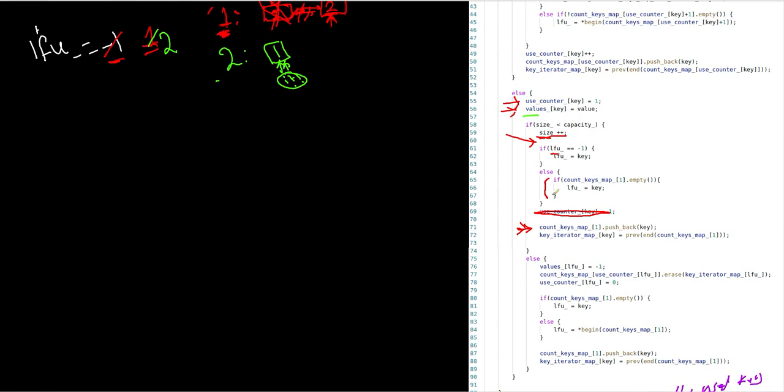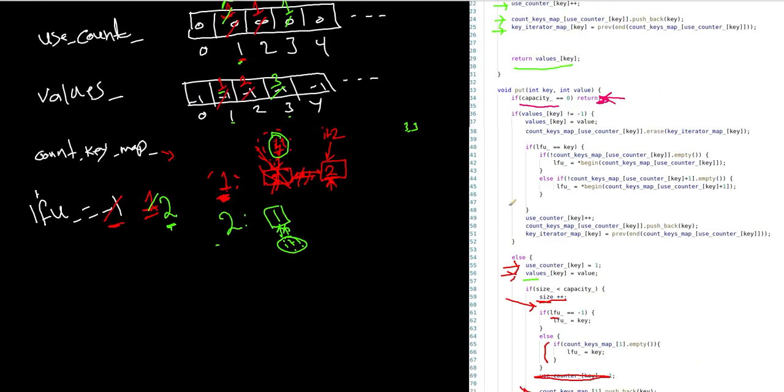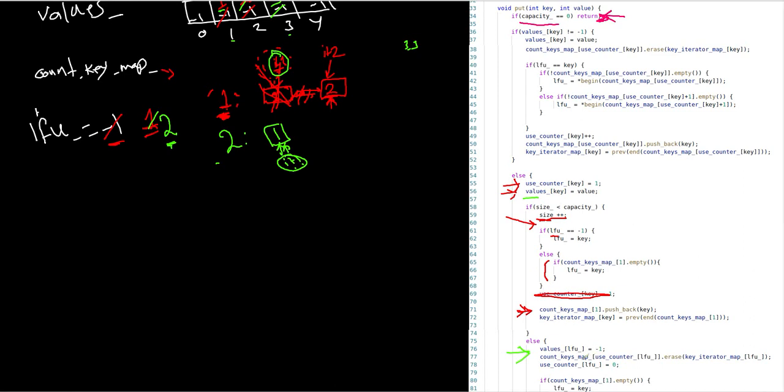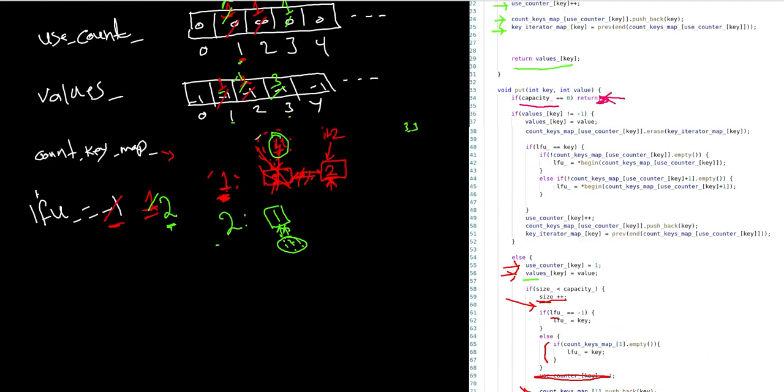Now first of all we need to invalidate the key 2. This is why we set values of least frequently used to -1. So this becomes -1, and also we need to remove it from the linked list, and this is what we are doing here. Use counter of LFU is for 2.